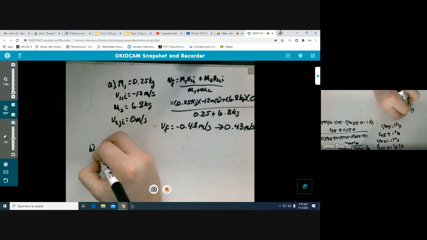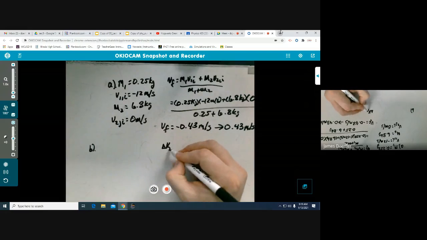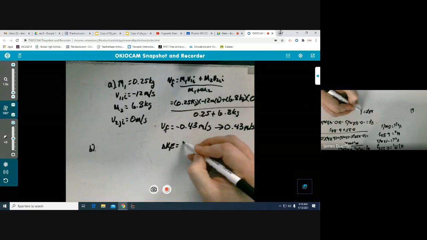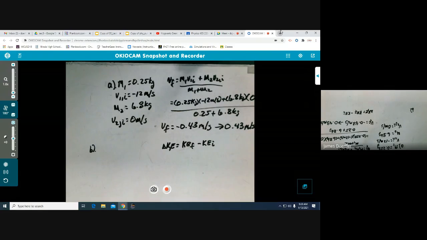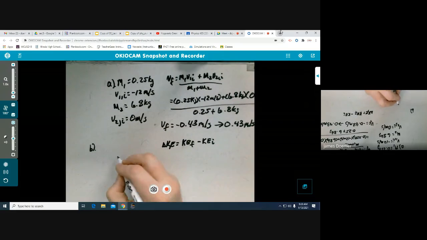So, again, we're going to be doing change in KE is equal to KEf minus KEi. And so what I'm going to do is break it up like we did a couple slides ago. I'm going to do KEi, KEf.